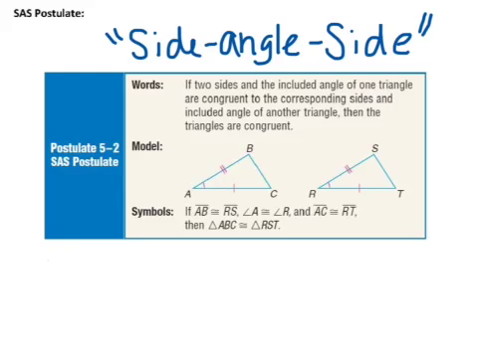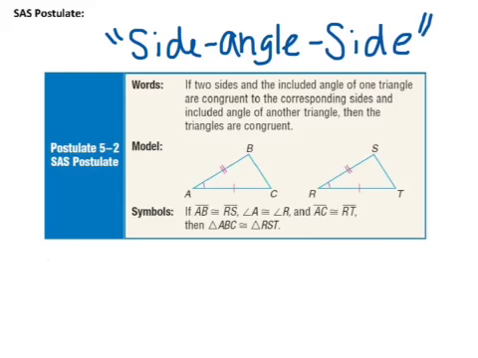Now, let's read our postulate. It states that if 2 sides and the included angle of one triangle are congruent to the corresponding sides and included angle of another triangle, then the triangles are congruent.